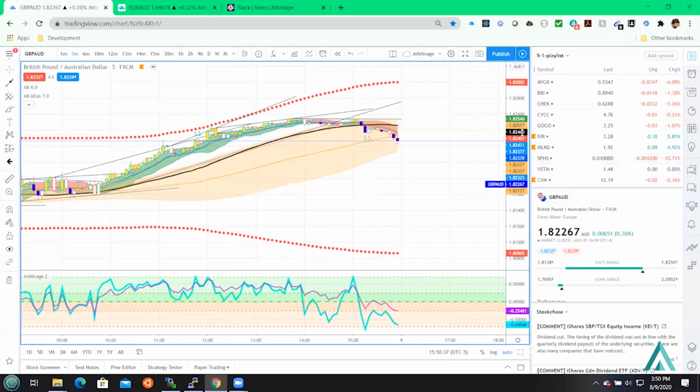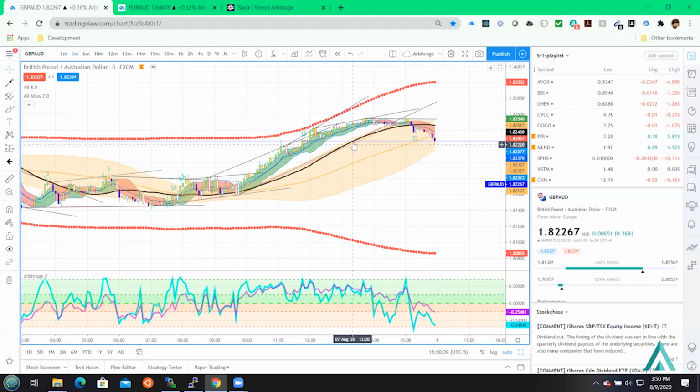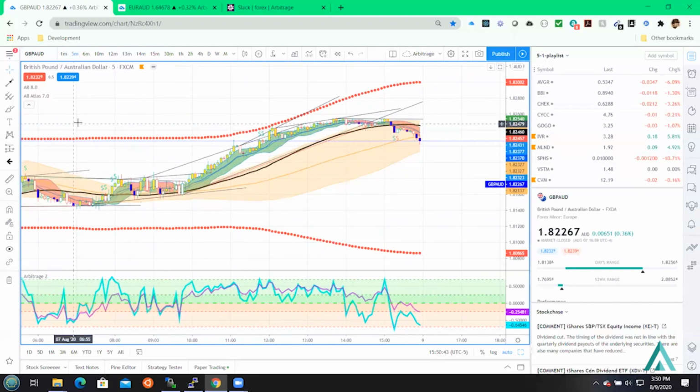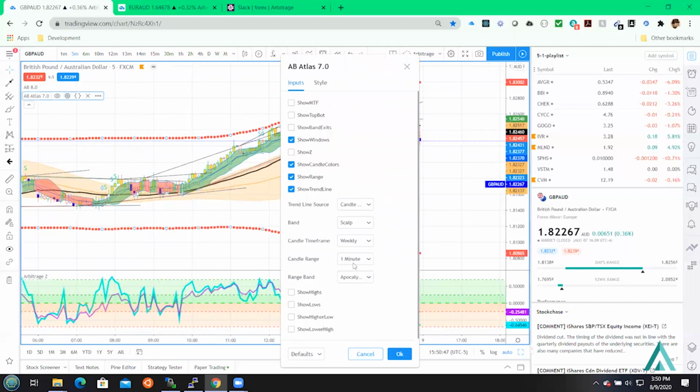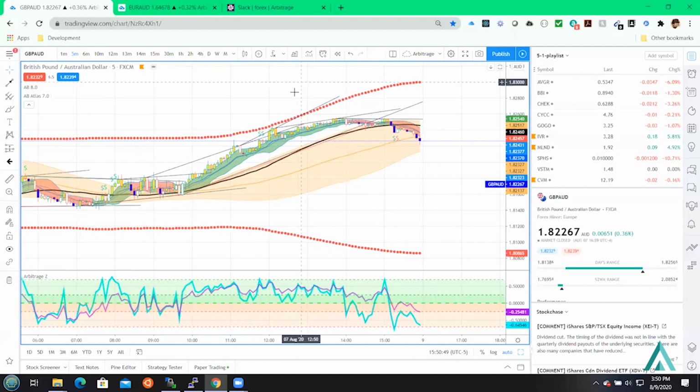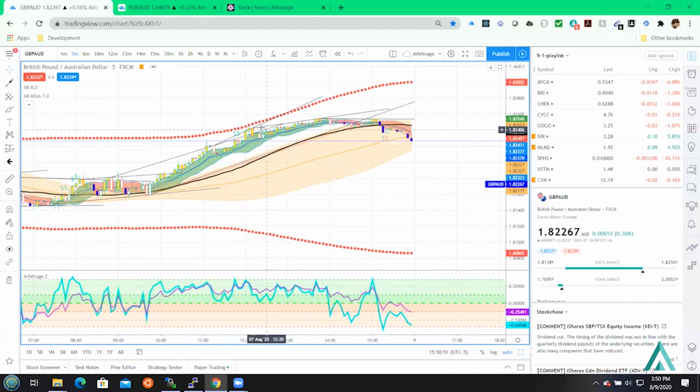GBP AUD, 5-minute chart. If you're playing this guy, I was playing this guy up most of the day. Make sure we're back in my scalp settings. Yep, I am back in my scalp settings. With me being here, basically took profit, and I'm basically waiting to see if he will hold this or go back under.